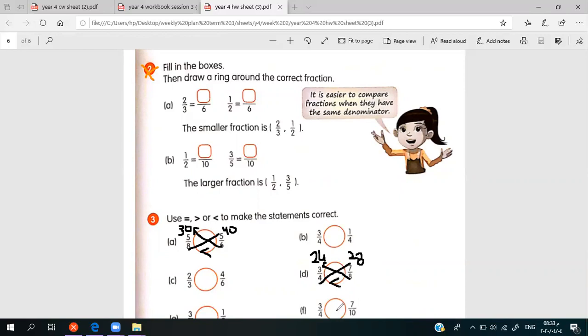Let's do number F. From down to up. 10 times 3, I write it here, 30. From down to up. 4 times 7, 28. Which is bigger, 28 or 30? Definitely 30, so this fraction is bigger.